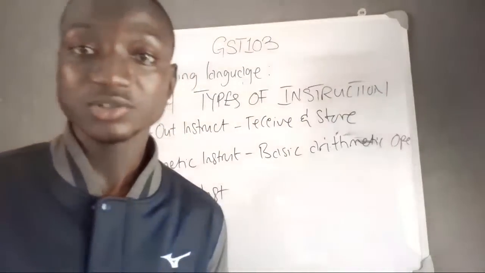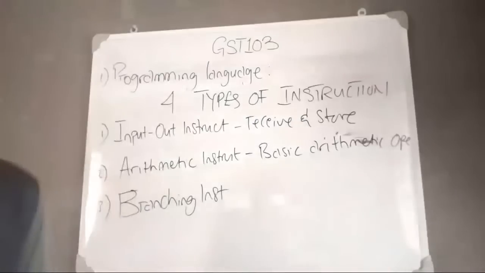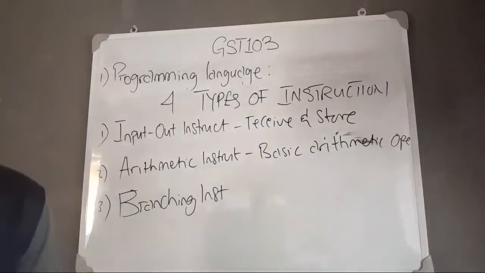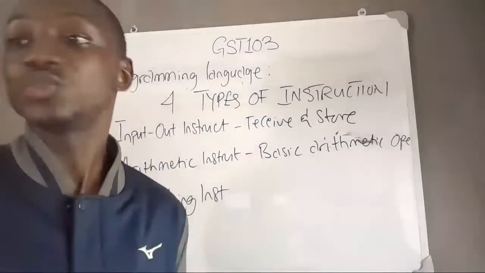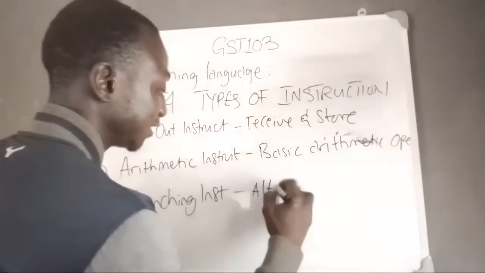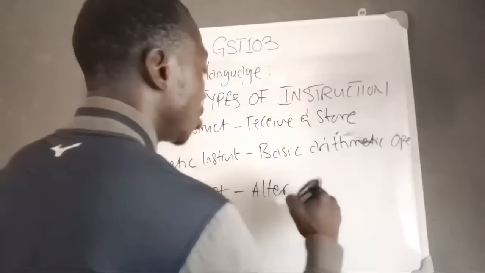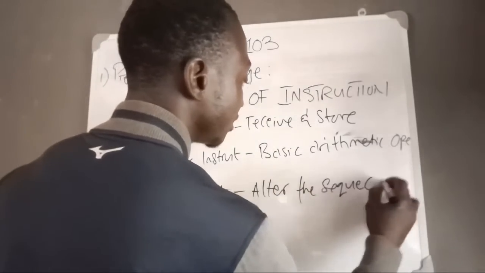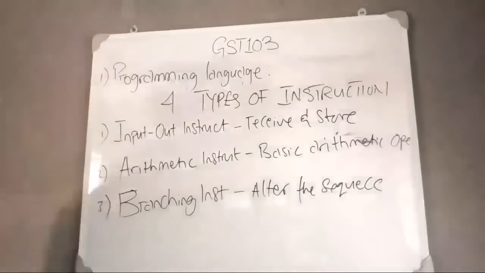Okay, awesome. Thank you for the response. So now, the branching instruction has to do with altering the sequence of execution of instructions within the program. It alters the sequence. It tells what to do and what not to do. Let's underline the word sequence.